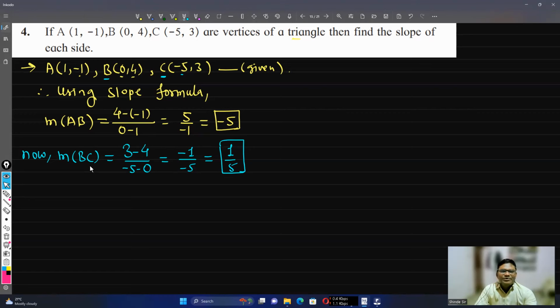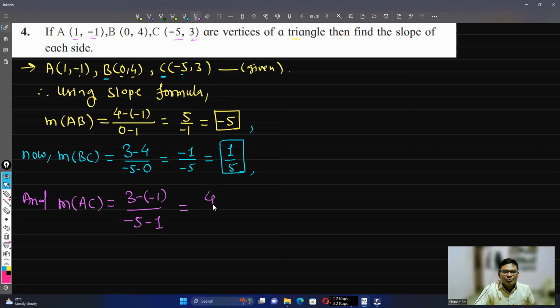So the slope of BC equals 1 upon 5. Now the last slope, the slope of the last side, that is slope of AC equals 3 minus minus 1 upon minus 5 minus 1. Minus 5 minus 1, which is equal to positive 4, negative 6.